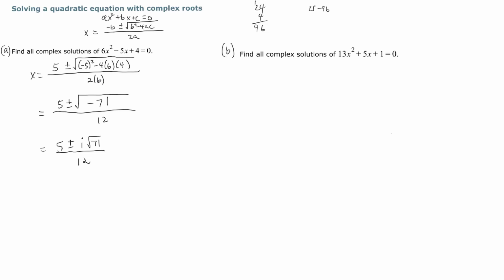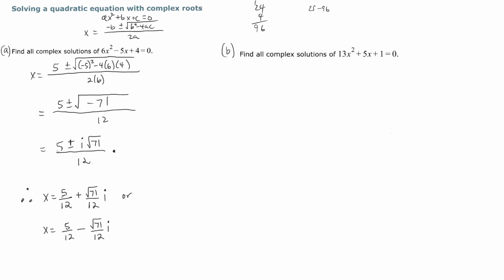Let's write our answers in a plus bi form. Therefore, x is equal to 5 over 12 plus root 71 over 12 times i, or x is equal to 5 twelfths minus root 71 over 12 times i.